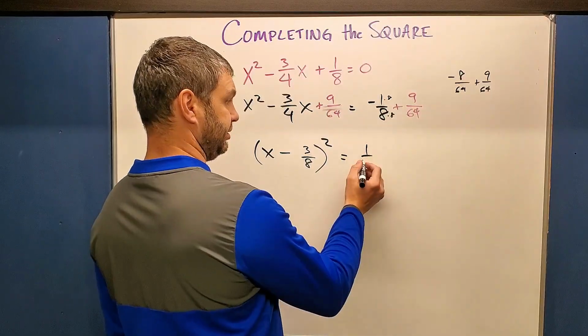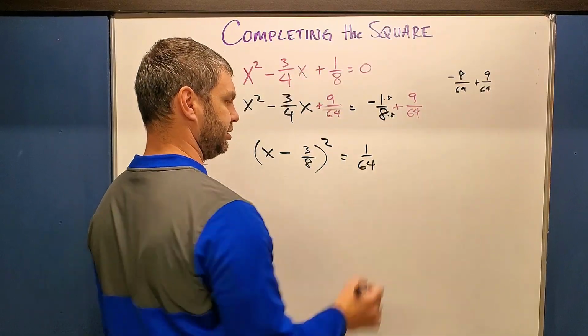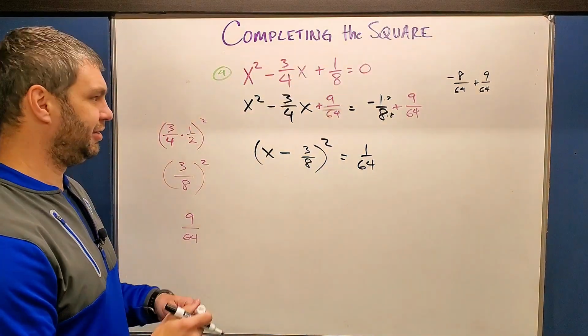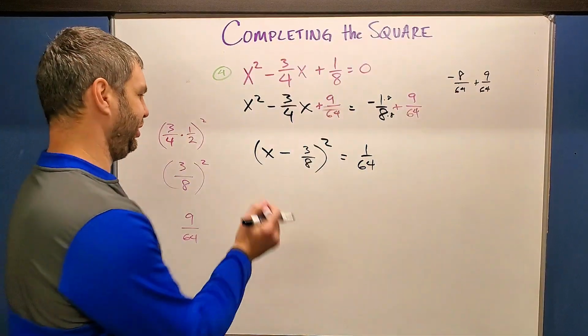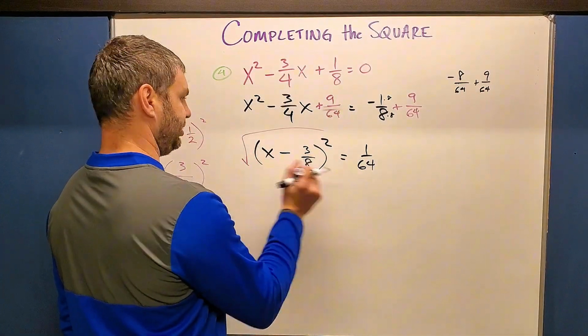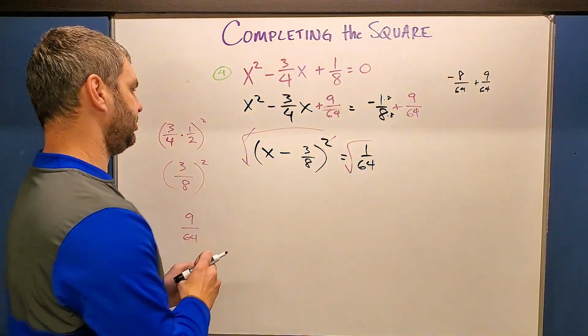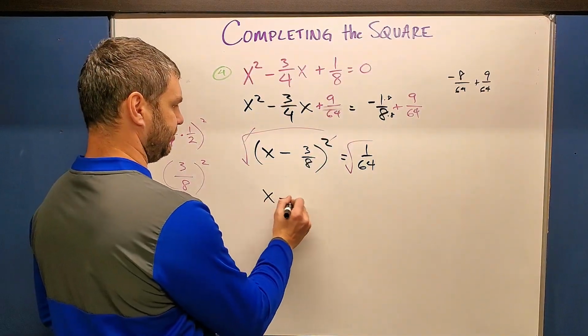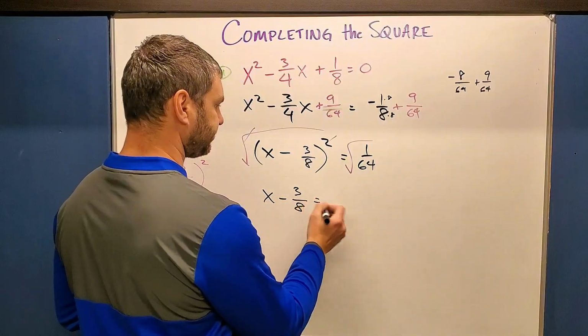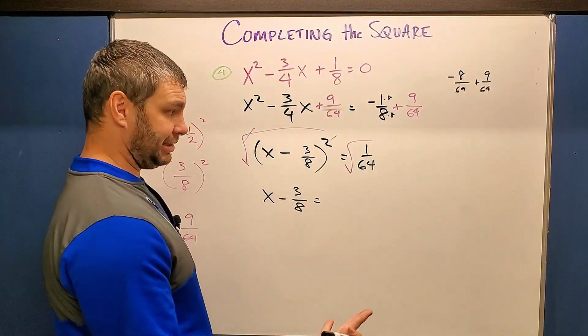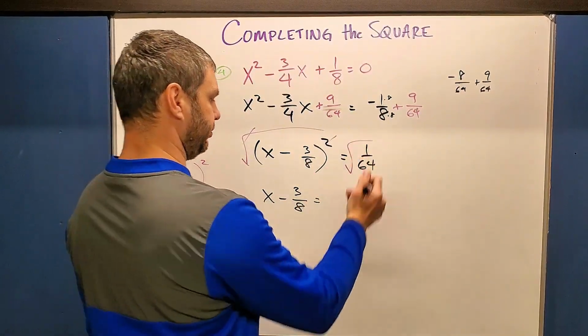So this right side has just 1/64, which will turn out a little bit nicer than something else it could have been, right? All right, take the square root of both sides here. The square and square root will cancel on the left side, giving me just x minus 3/8. On the right side, I can take the square root of both the top and the bottom. Square root of 1 is 1.